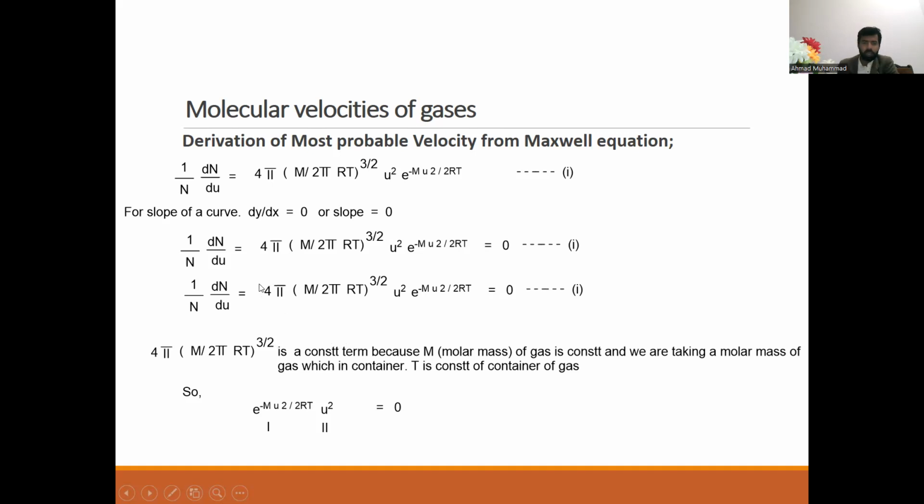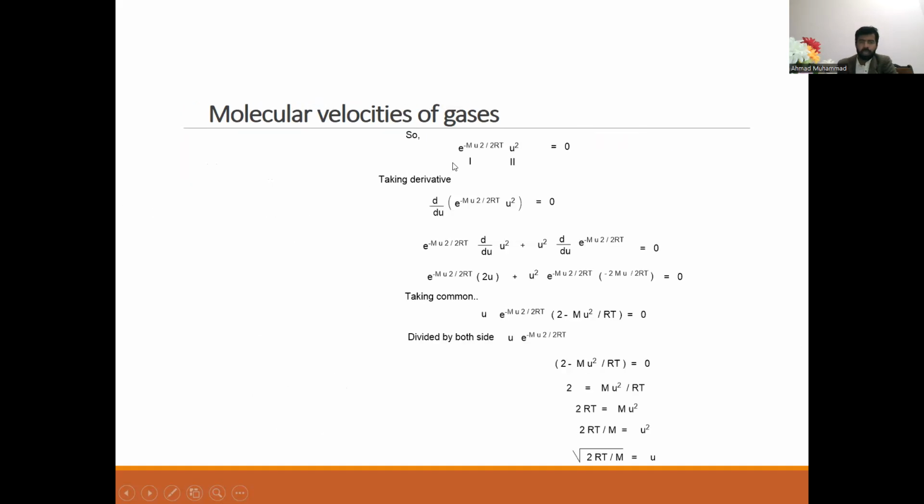For a constant term, the derivative is zero, so we only take the derivative of the variable terms, which are e to the power minus m u square over 2RT and u square. We take e to the power minus m u square over 2RT as the first function and u square as the second function.